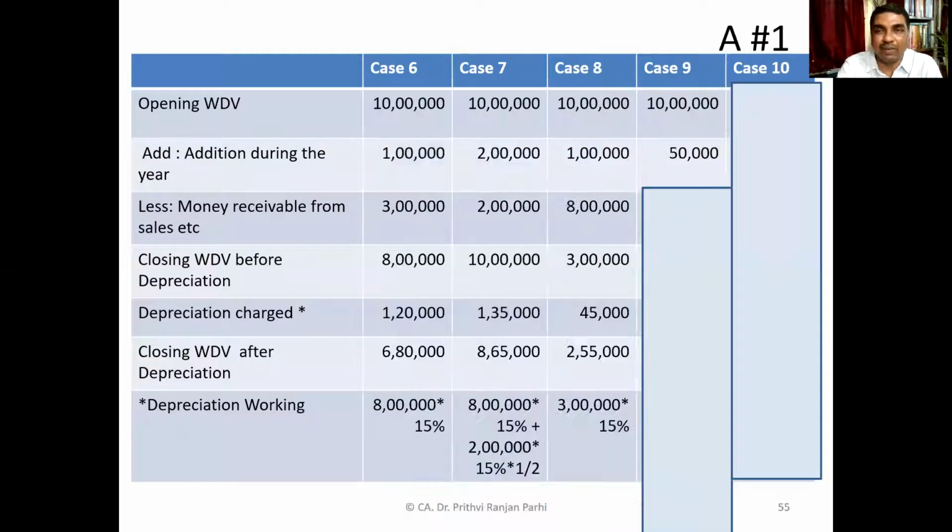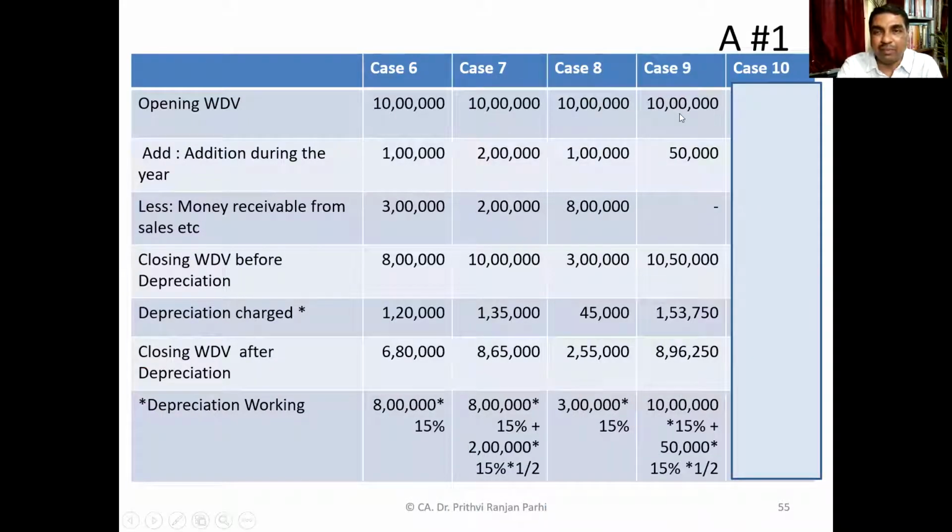Case number 9, we are looking at opening WDV 10 lakh, addition 50,000. There is no sales. Closing WDV 10 lakh 50,000. Depreciation charge: on this 50,000 rupees, half of the depreciation is to be charged. Because even if the asset is acquired for more than 180 days, acquired in the month of July, it is put to use in December.